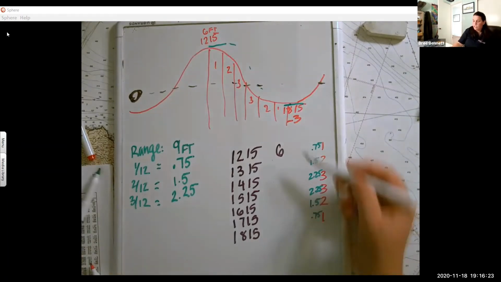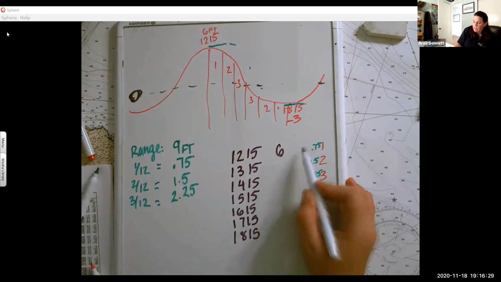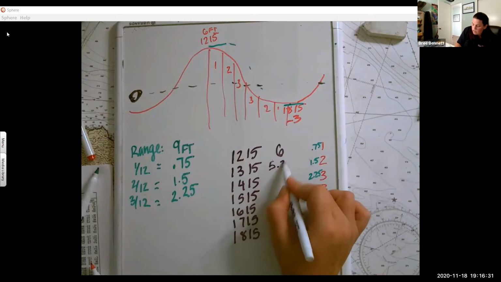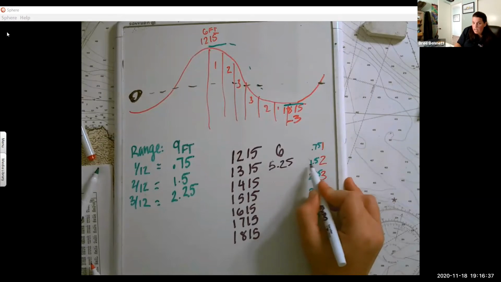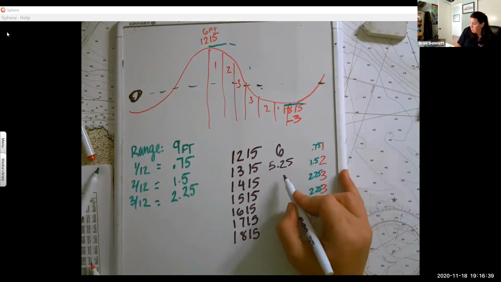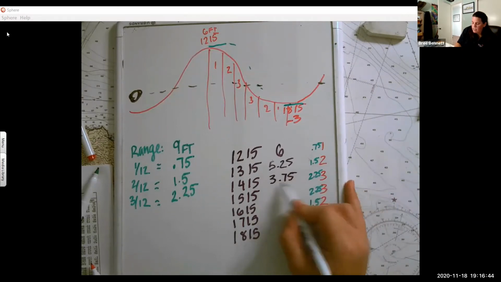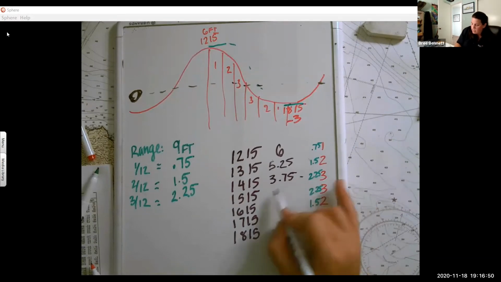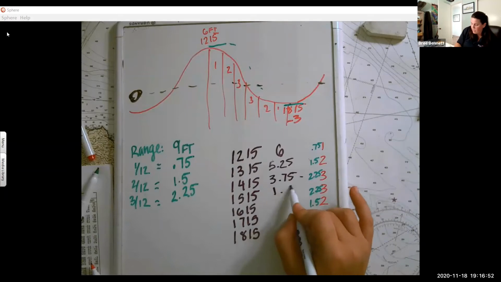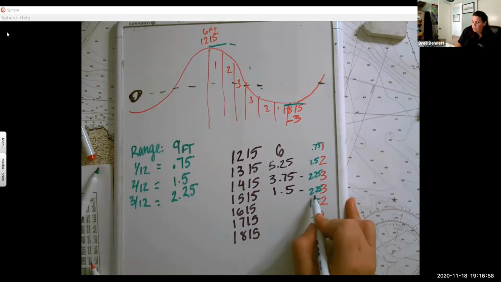So when I start subtracting these, 6 minus 0.75 gives me 5.25. 5.25 minus 1.5 gives me 3.75. 3.75 minus 2.25 gives me 1.5. 1.5 minus 2.25 is going to give me into the negatives. Now I'm going negatives.